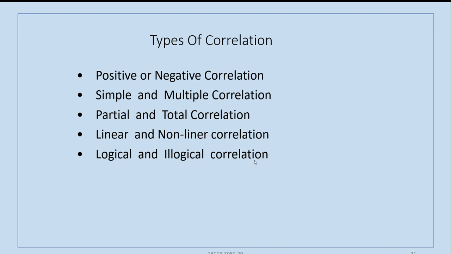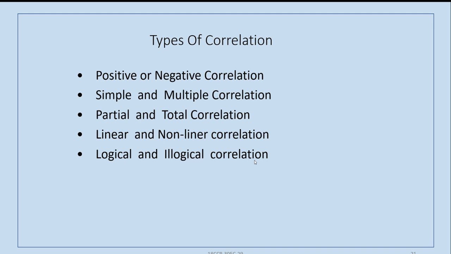That is called simple. Multiple correlation means there are many relationships among two or more variables. Partial and total: partial means very little, small correlation. Total means 100% relation is there.